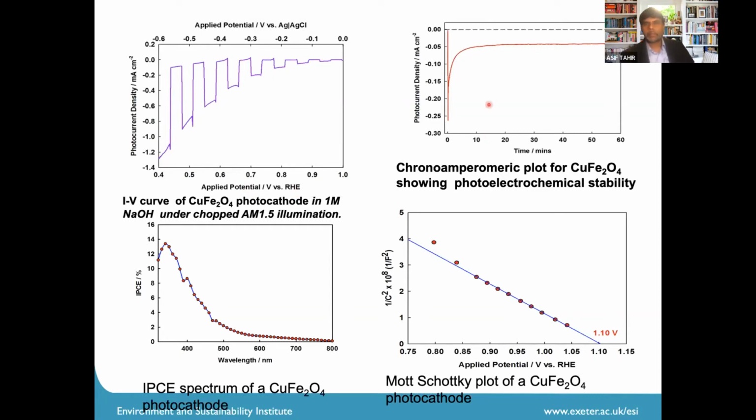And the stability shows that the material is stable for a longer period of time, and the photoelectrochemical conversion efficiency shows that the material has an efficiency of around 13%.